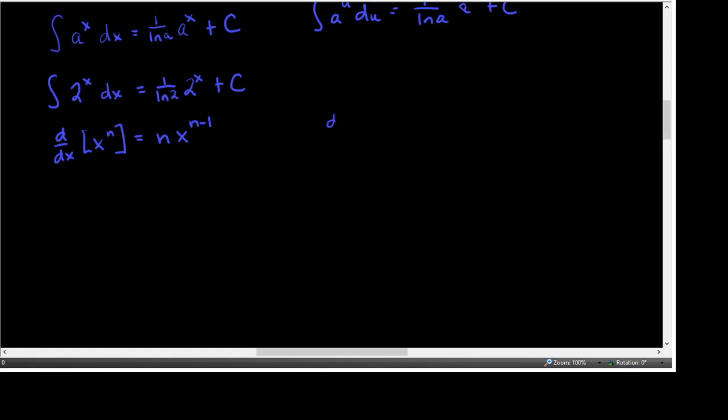And if that happens to be instead of a plain x, it's some function that's raised to the nth, its derivative follows the same rule, n times our something to the n minus 1, but then the chain rule kicks in, and we have to multiply by the derivative of the inside function, represented by du dx.